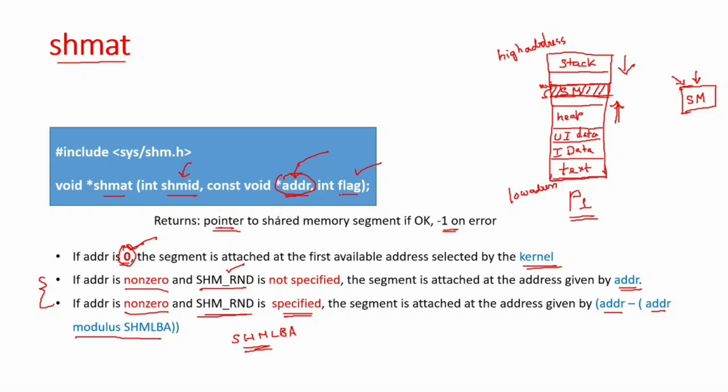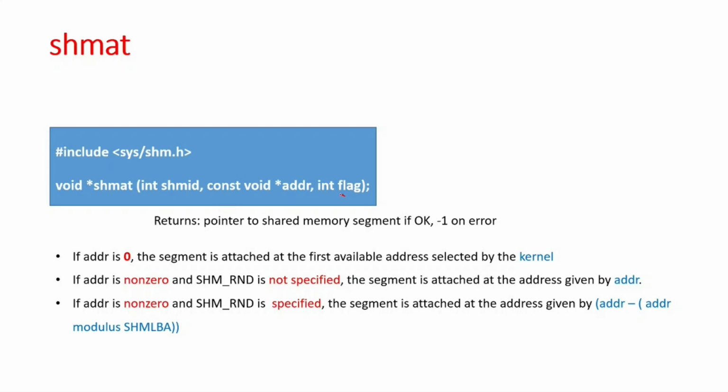So this is about the SHM-AT function. It is used to attach the shared memory that has been created previously to the address space of the calling process. I forgot to mention the flag. The only flag that needs to be specified is SHM_RDONLY.